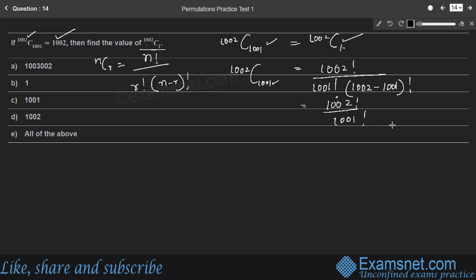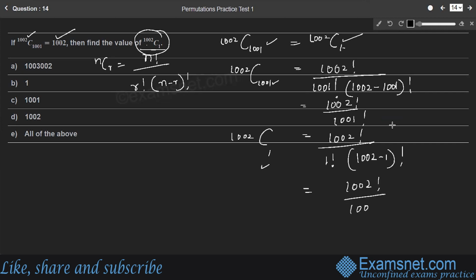Whereas the second part, 1002C1, is equal to factorial 1002 divided by factorial r, r is 1 here, into factorial 1002 minus 1, which is nothing but 1002 factorial by 1001 factorial.